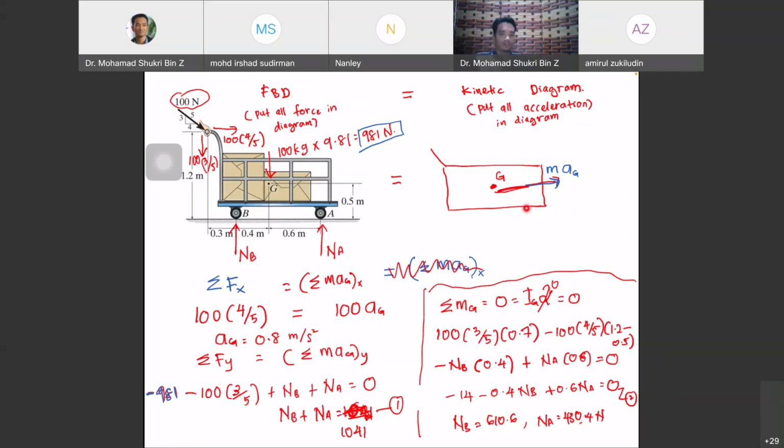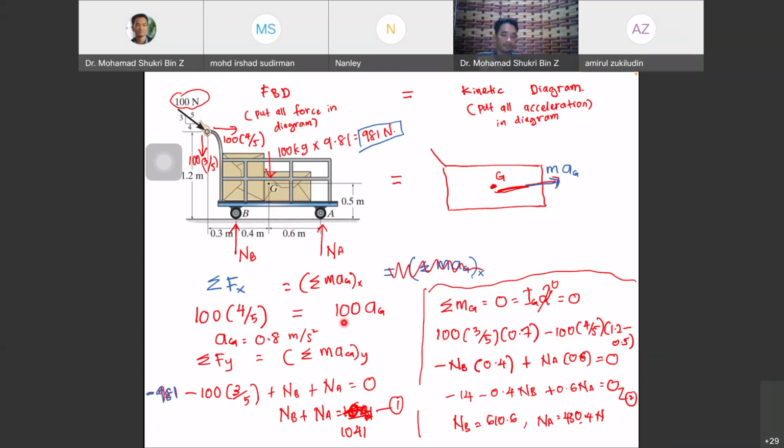Kemudian summation of F in X is equal to MAGX. Okay, MAGX. So tambahkan semua force pada arah X, we have 100, 4/5, and then is equals to 100 acceleration, okay? Acceleration at 1 g.